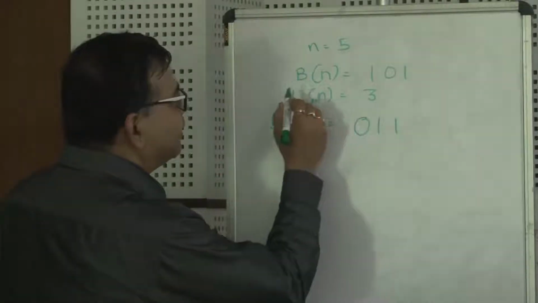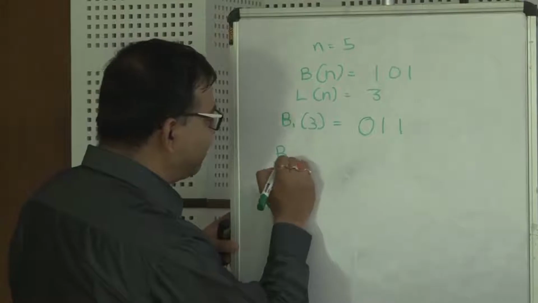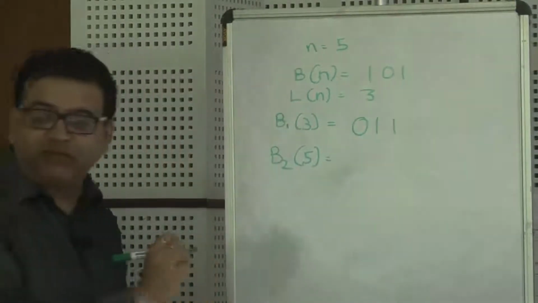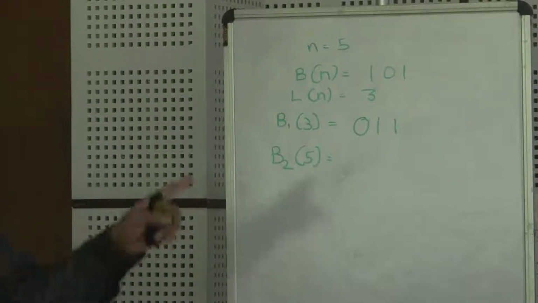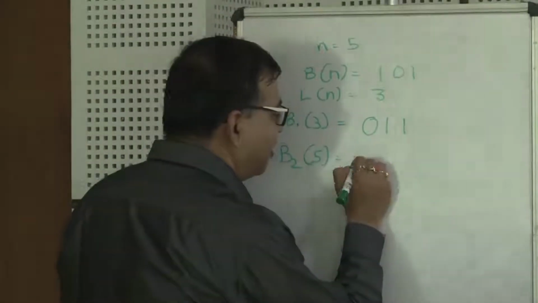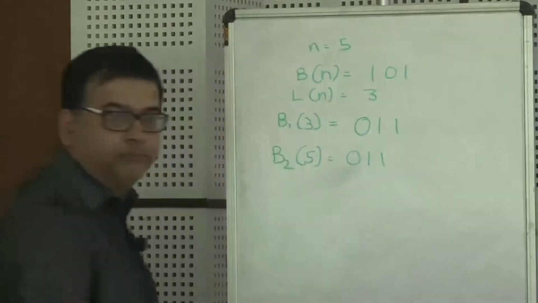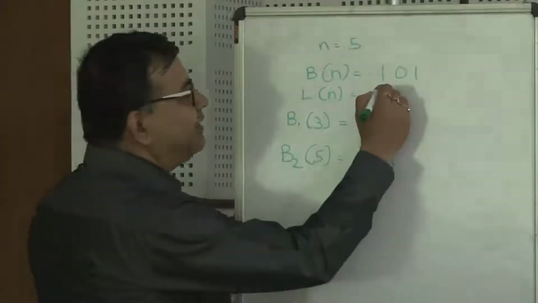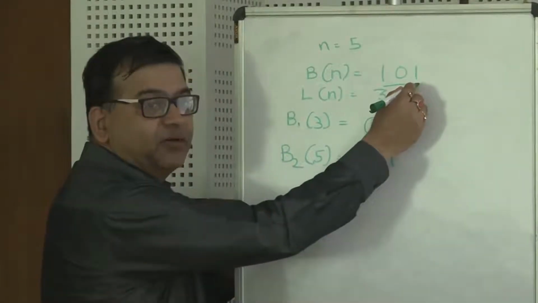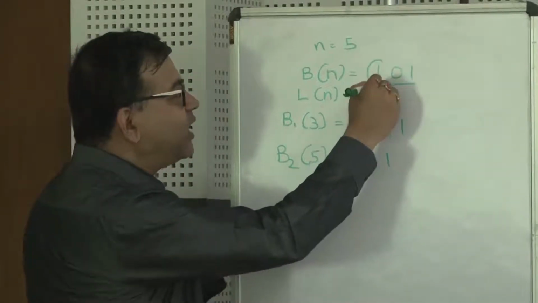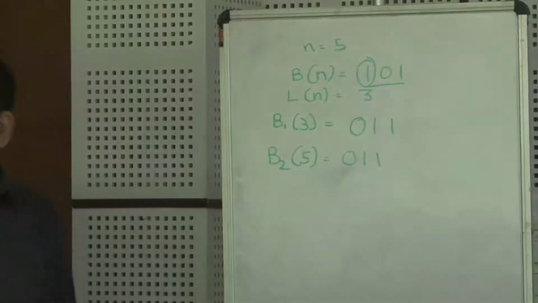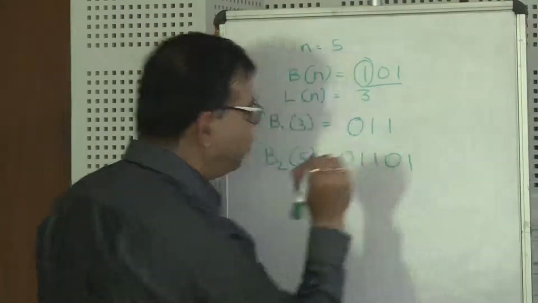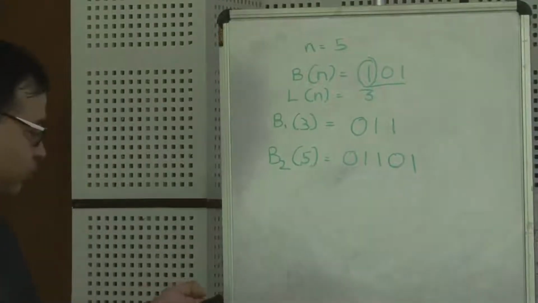So B2 code of 5 will be, the initial portion will be B1 of 3, which is 0 1 1, right. Now we are going to append the binary representation of the number with the leading 1 removed. So we are going to add 0 1, and that is what it is.